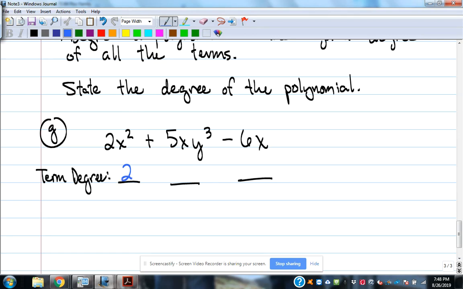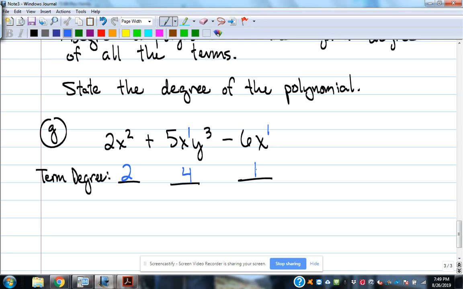On the second term, there are 2 variables on it, x and a y. What's the exponent on this x when there's nothing listed there? A 1. What's the sum of the exponents on the variables? 4. 1 plus 3. Even though they're different variables, when you're talking about degree, you're going to add up the exponents on the variables for each term. 1 on that one.